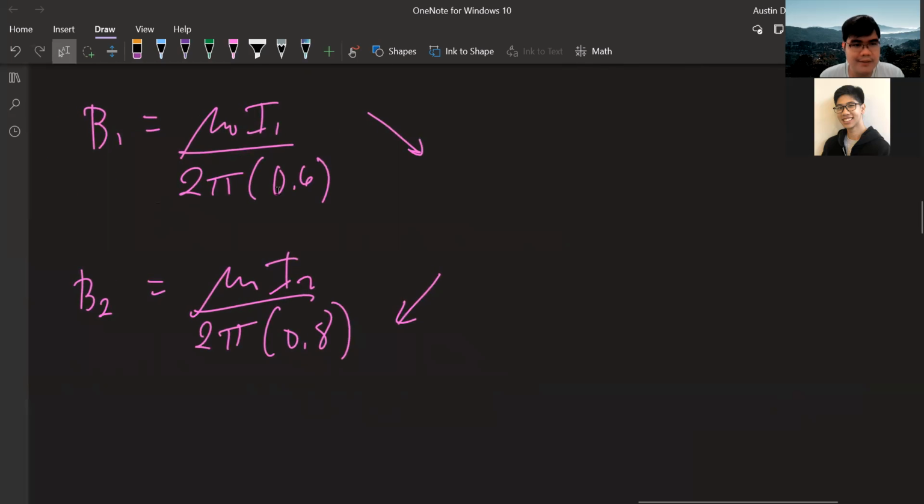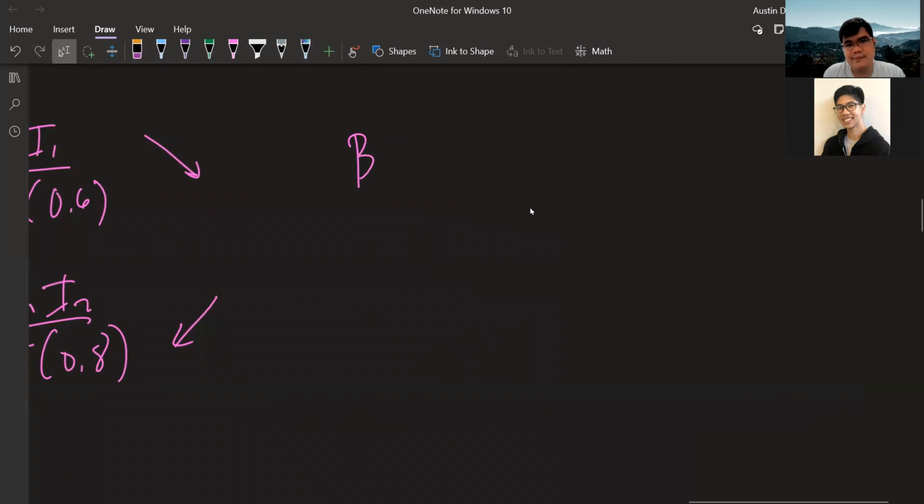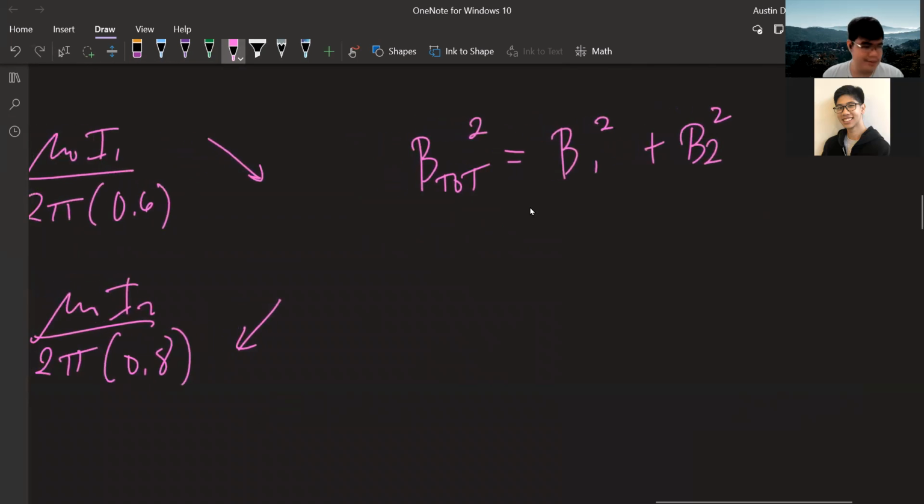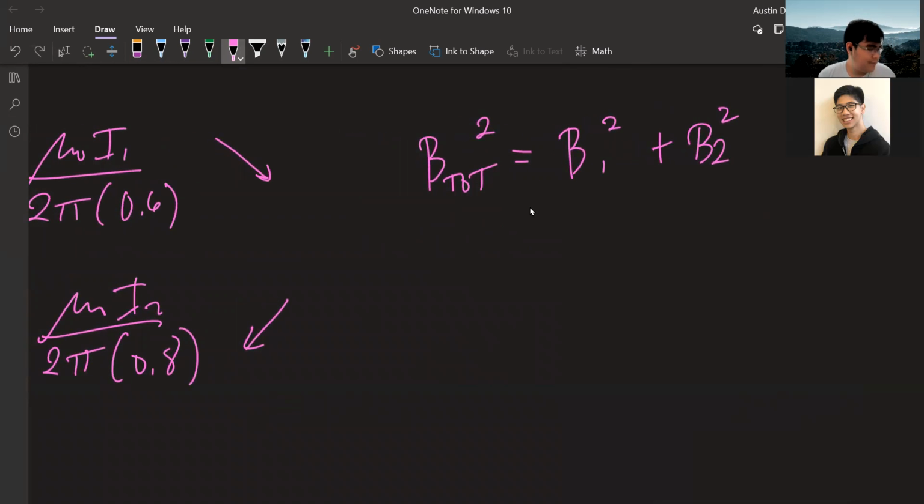Therefore, your total would be simple, by the Pythagorean theorem for the resultant. So you do this, and the total is around 2.06 times 10 to the negative 6 Teslas. Okay? So you have that.